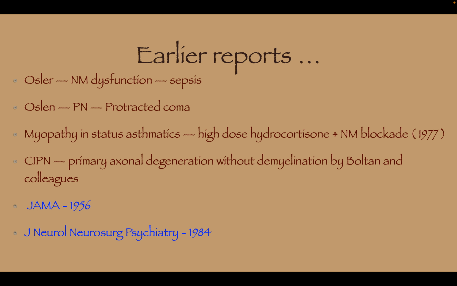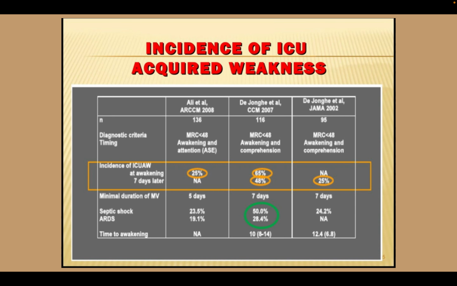Eventually it was realized that there could be a myopathy in status asthmaticus, especially with high doses of steroids, that is hydrocortisone, and with neuromuscular blockade. And then there is something called CIPN, that is chronic inflammatory polyneuropathy, which is a primary axonal degeneration without demyelination, put forward by Bolton and colleagues. So these are quite the earlier reports.